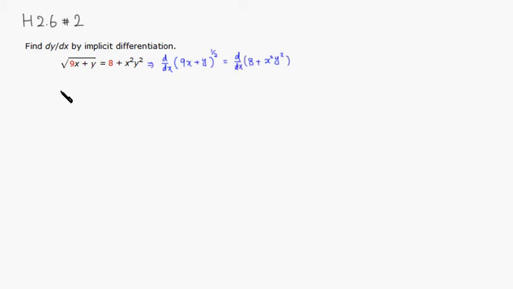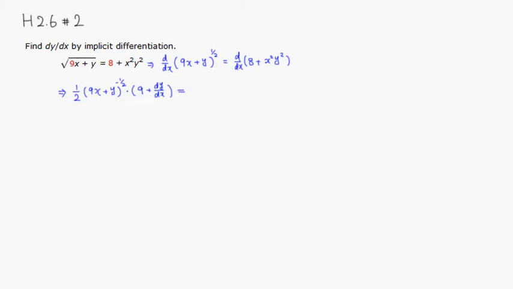It's a 1/2 power, so put 1/2 in front and keep exactly the same inside function, 9x plus y, and subtract 1 from the power, so it's negative 1/2, and multiply by the derivative of the inside. The derivative of 9x is just 9. The derivative of y is just dy over dx. And this is equal to, the derivative of 8 is 0.